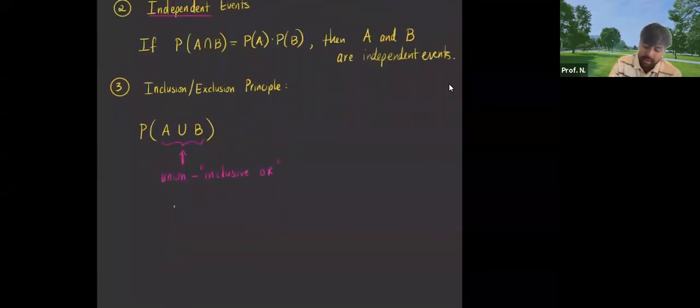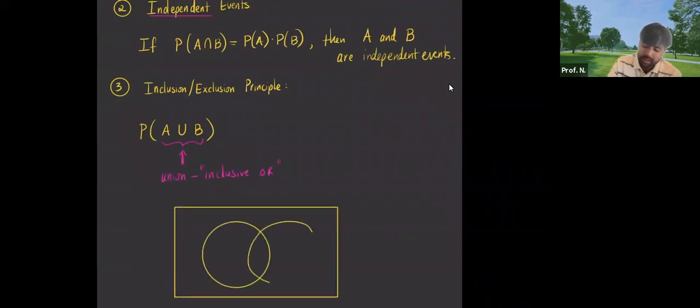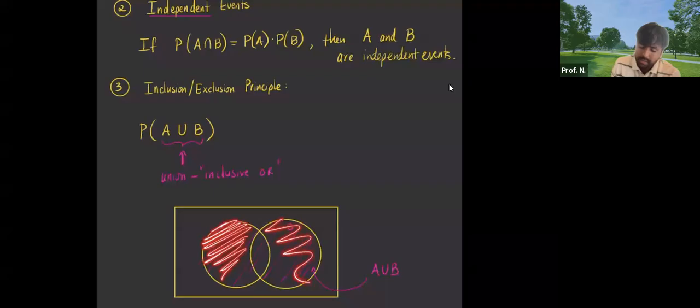So a nice diagram may help. We're drawing these sets, these Venn diagrams, right? If I call this A and I call this B, then if I shade this entire thing, this would be A or B. And now if you look at it, A or B includes A, B, and everything in between A and B.